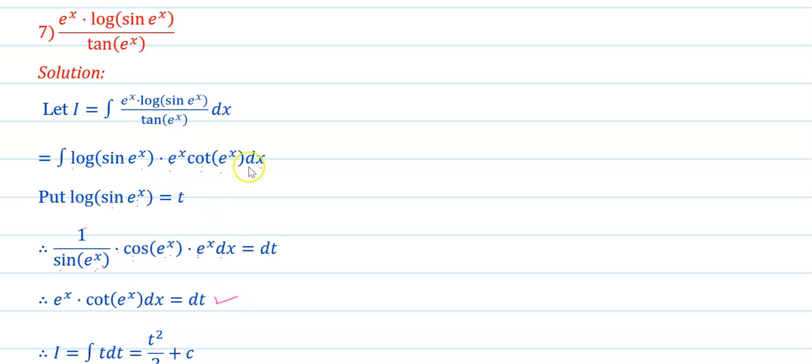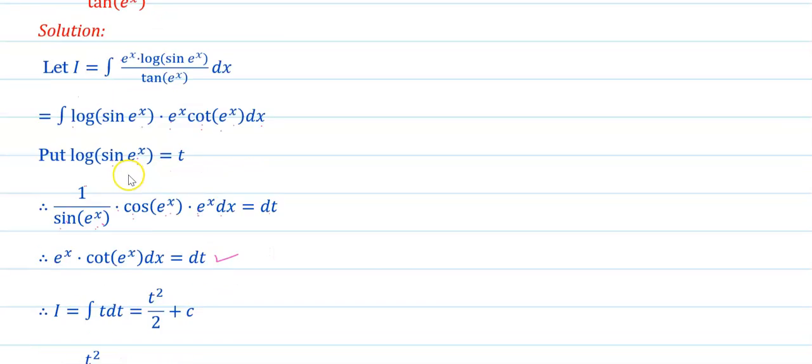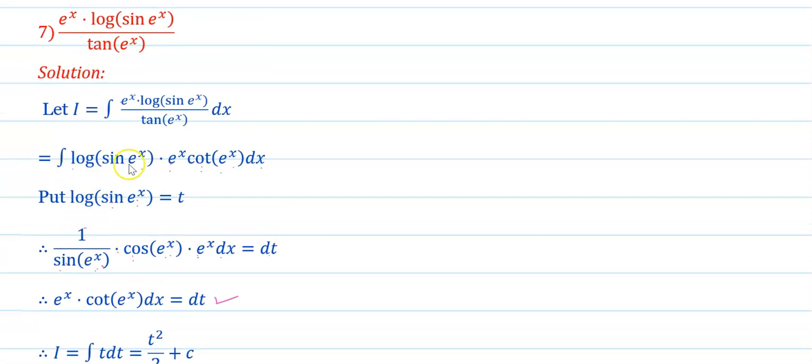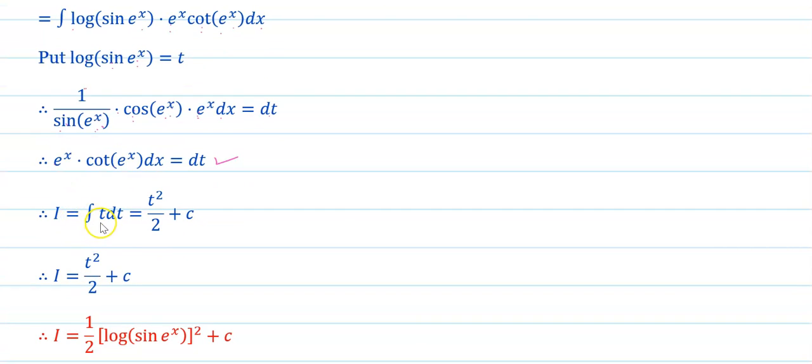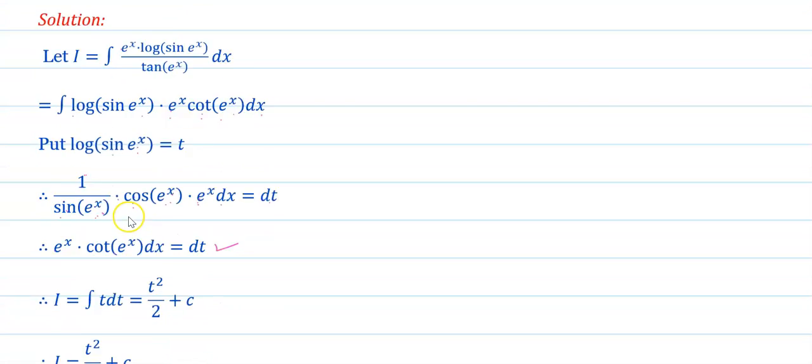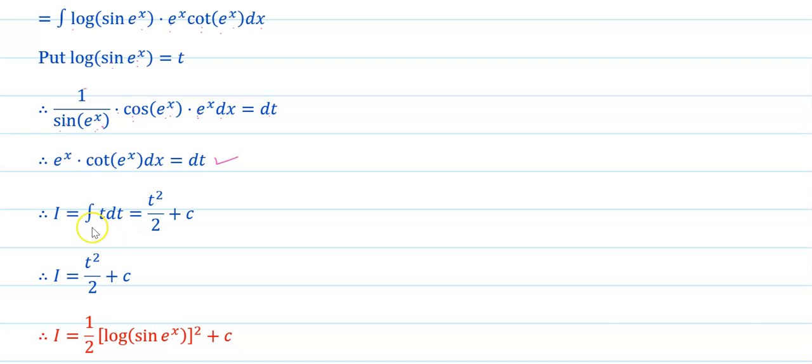Okay, मग याच्यासाठी काय येणार तर तो dt येणार, and log of sin of e raised to x, it is t, and hence our integral म्हणजे आपलं इंटिग्रल कसं तयार होणार? I is equals to integral t, log of sin of e raised to x is t, into dt, and its integral is t square upon 2 plus c. Now replace the value of t. What is t?